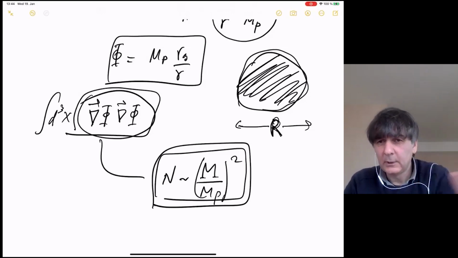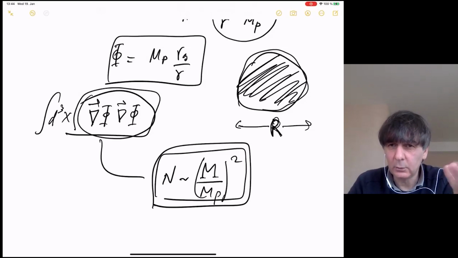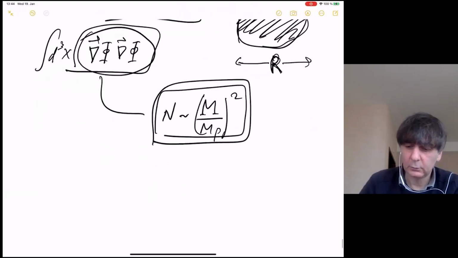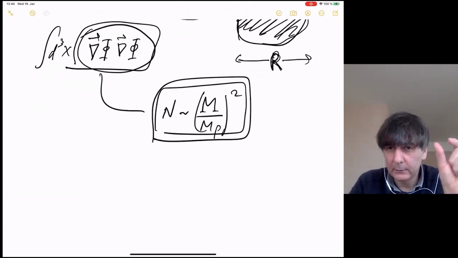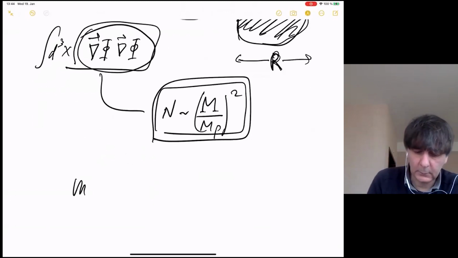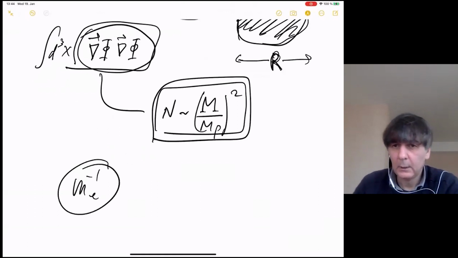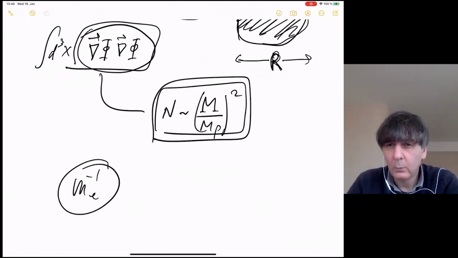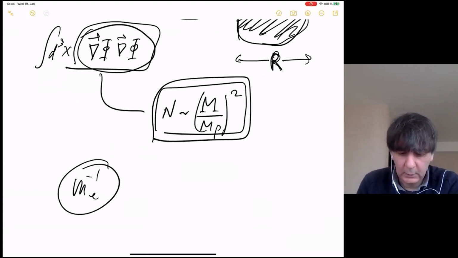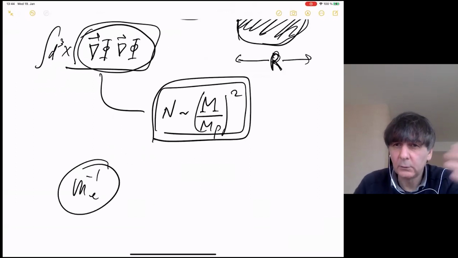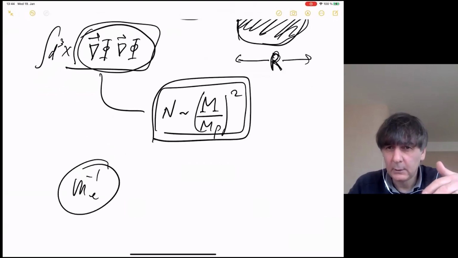For example, if we do the same exercise for an electron, it's useful to do that. The electron has a Compton wavelength, and if we ask what is the contribution of gravitons of this wavelength to the gravitational self-energy, it is negligible.